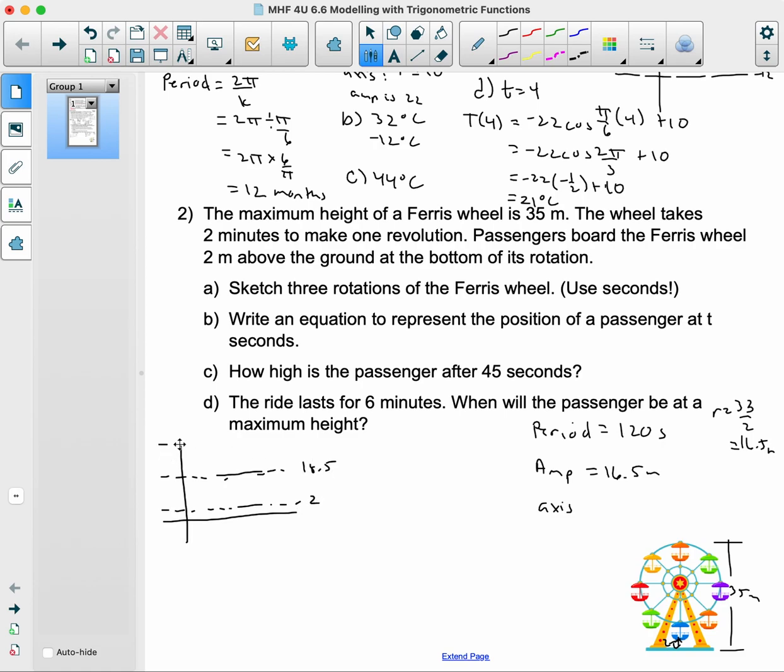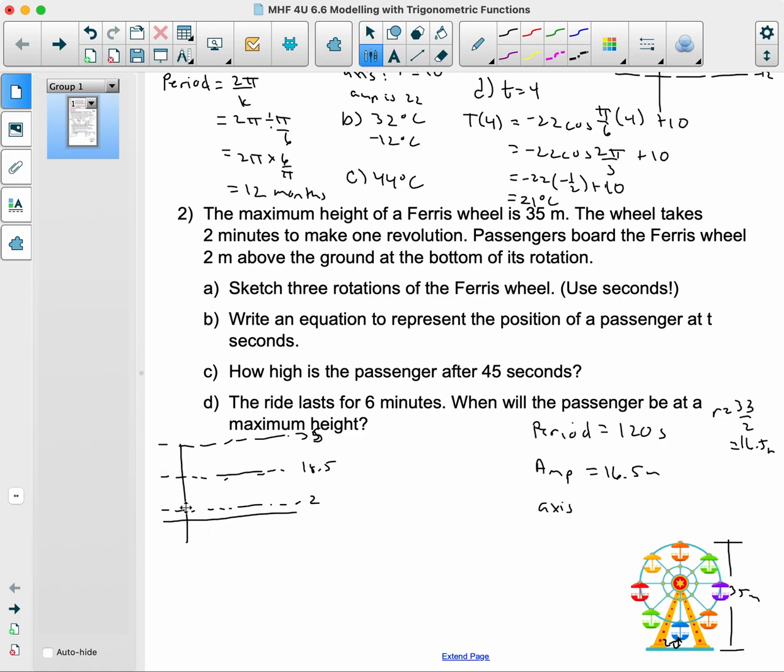Okay, and then my max is going to be at 35, sorry, 35, there. Okay, so that is 16.5 between each of those, and meets all the criteria of the question. So that's how we're set up.